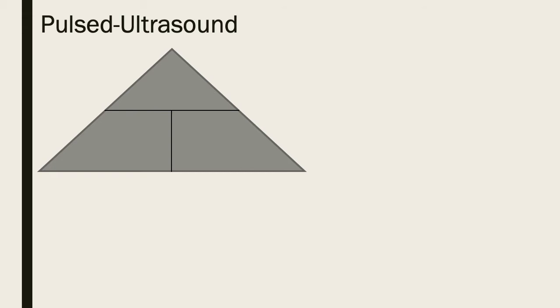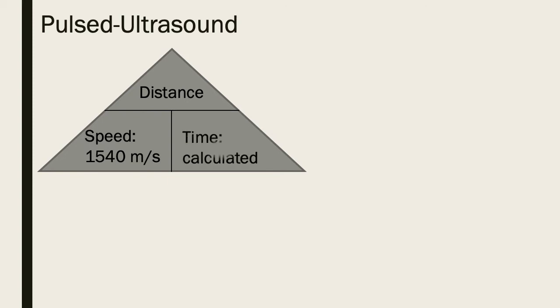The ultrasound machine is capable of placing echoes appropriately on our screen or on our picture as a result of our really wonderful distance equals speed times time triangle that we would have learned in probably year 11 physics. So let's talk a little bit more about what happens. The ultrasound transducer is going to send out a pulse of sound.